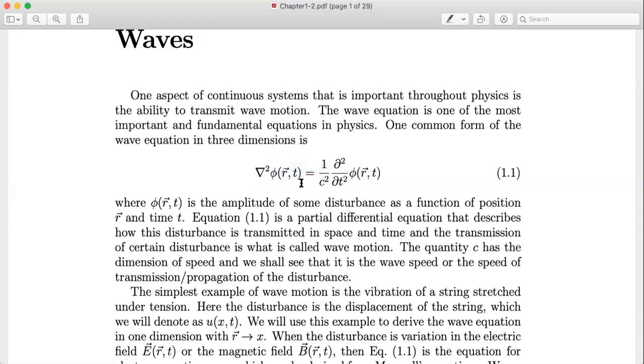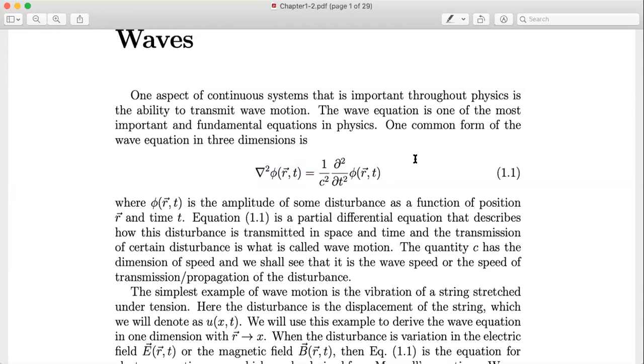This is a very general equation that you commonly see in physics, but you should understand that this is not the only wave equation. Obviously, the wave equation is the equation that governs the so-called wave motion, or the transmission of disturbance or energy.